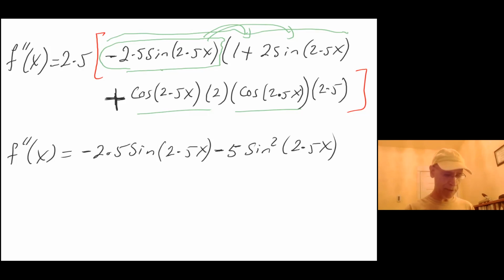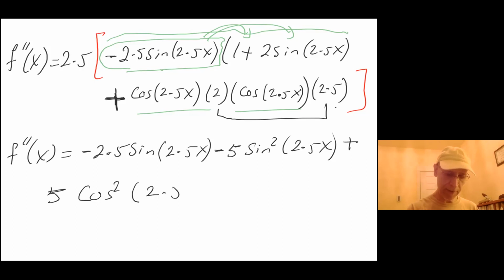And all that plus this, I had the first time, then I had this plus cosine of 2.5x. So now I have 2.5 times 2, plus 5 times cosine squared of 2.5x.